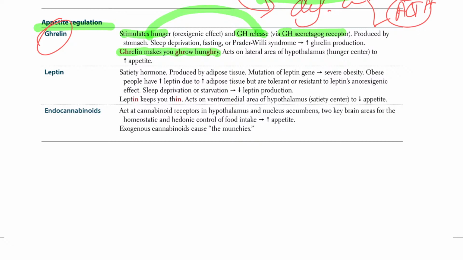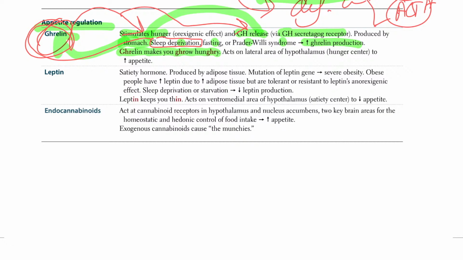It is produced by where? By the stomach. So the stomach produces ghrelin. Sleep deprivation, fasting, or Prader-Willi syndrome increases ghrelin production. So if you think about it, sleep deprivation is going to cause release of ghrelin, which makes you grow hungry, so you eat, and it causes GH release as well.